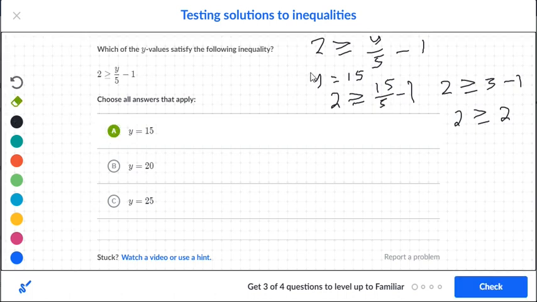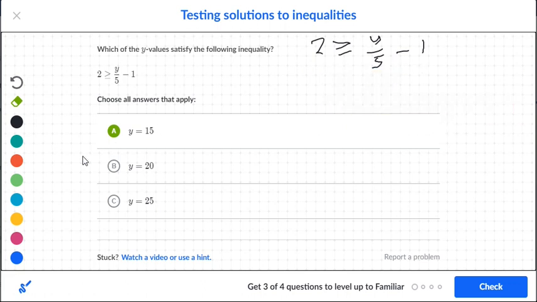So let's take the same inequality here, and this time let's say y is equal to 20.